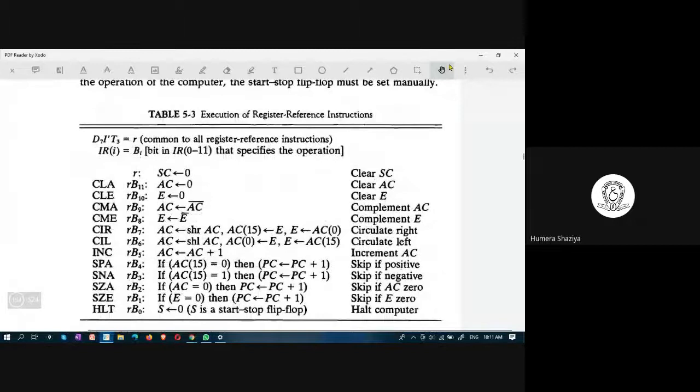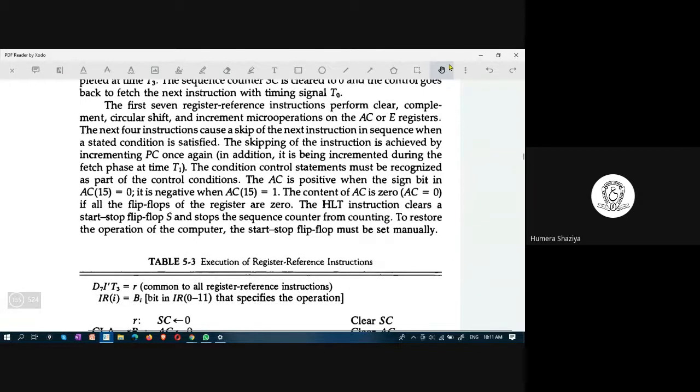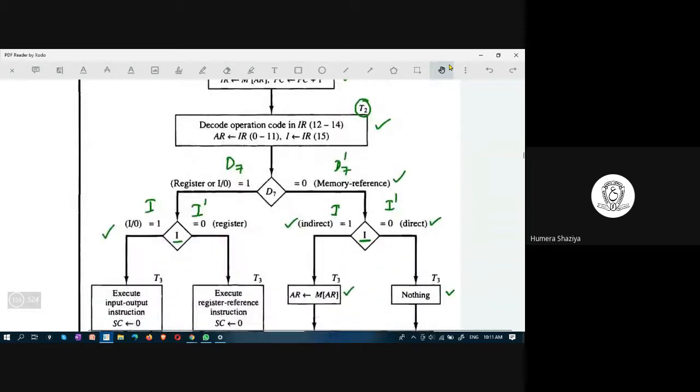Well, we are at this point, I dash T3 D7. D7 means we have seen here D7 should be 1. If D7 is 1 and I dash is 0, then it is register reference.